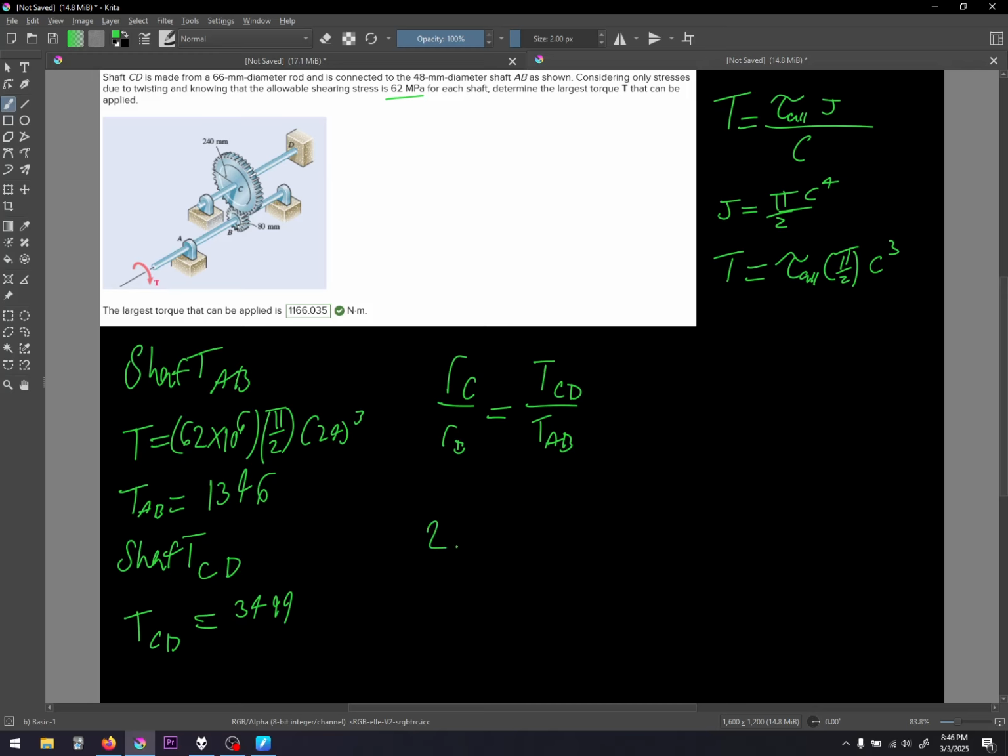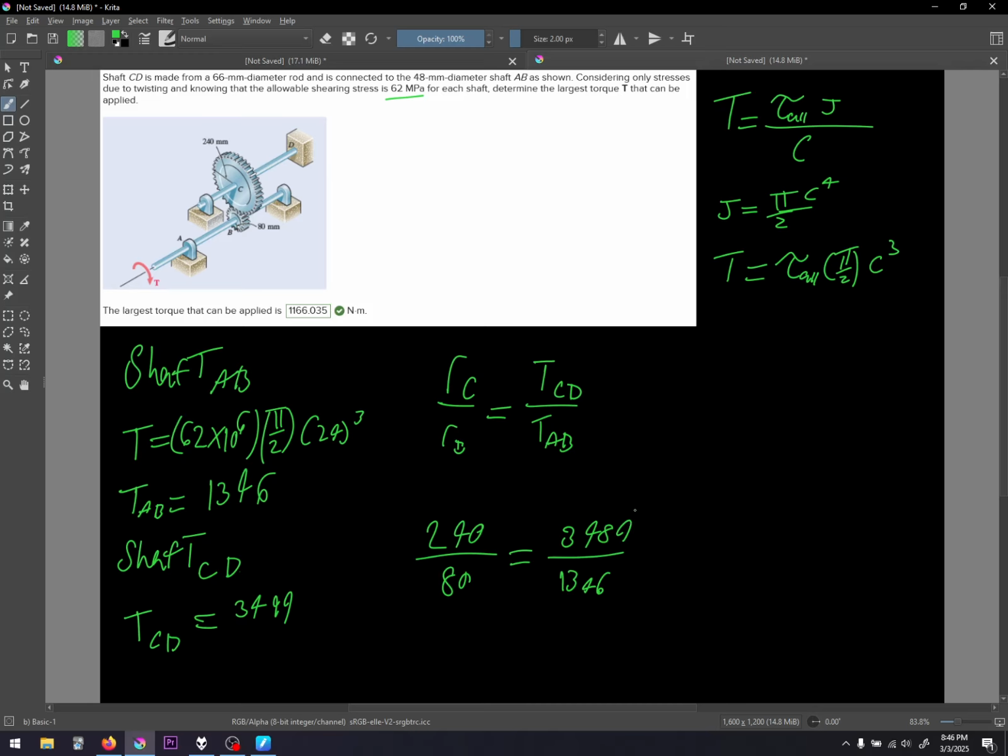So we have 240 over 80 equals 1346, 3489.